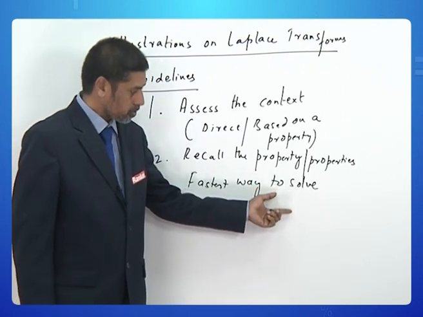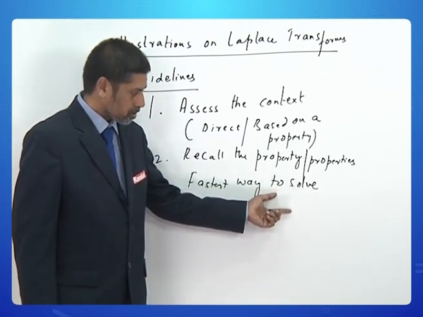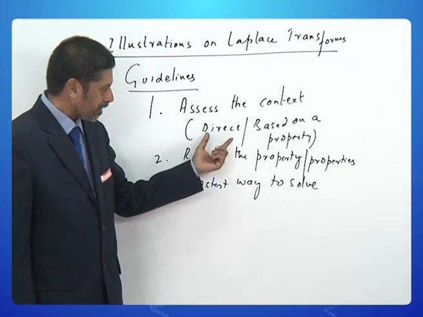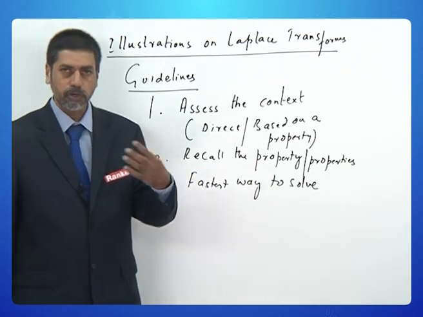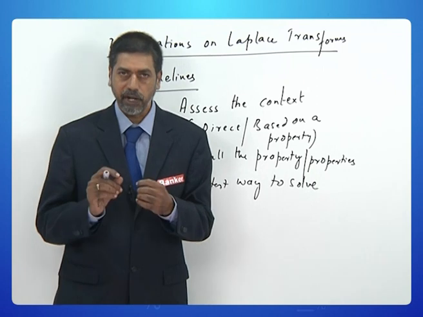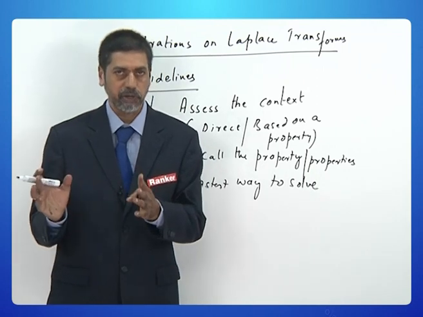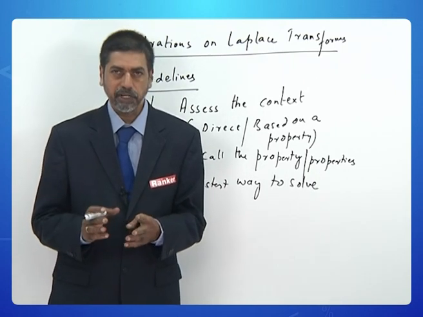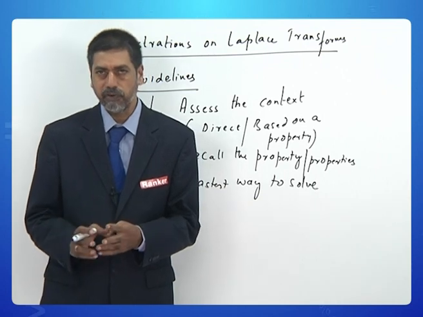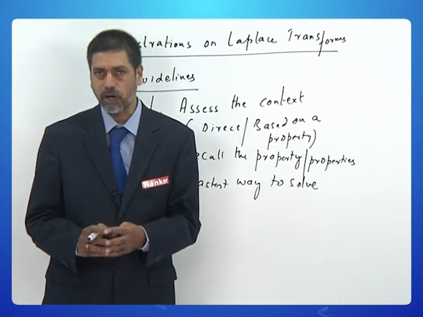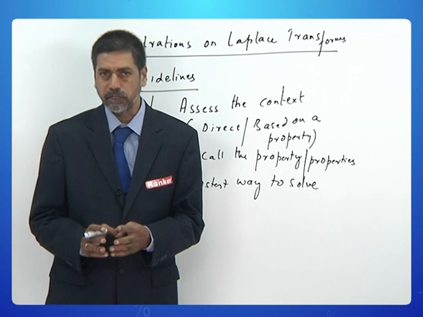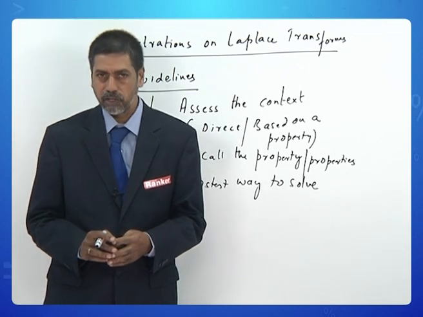Now it all depends on you, because if you get into the direct way of solving where no properties are involved, you may end up integrating very big functions, and integration can become really a very big problem if you are not strong in the various techniques of integration.